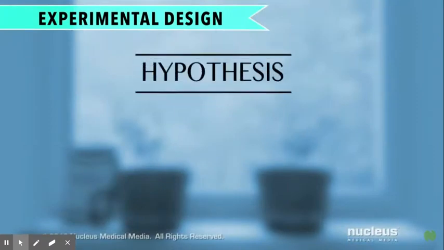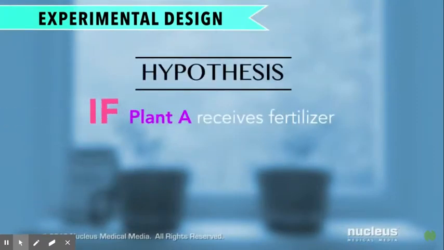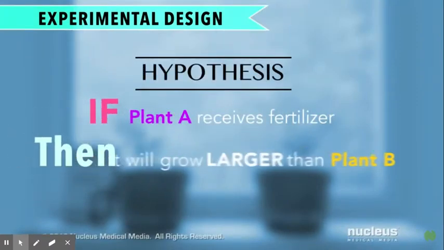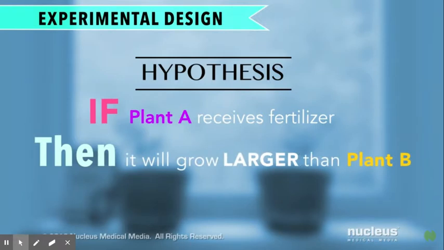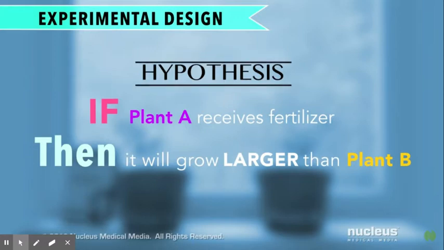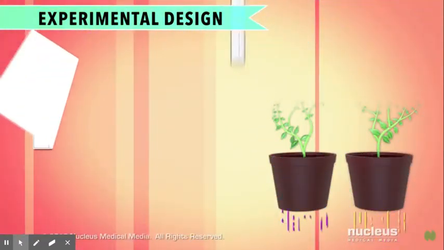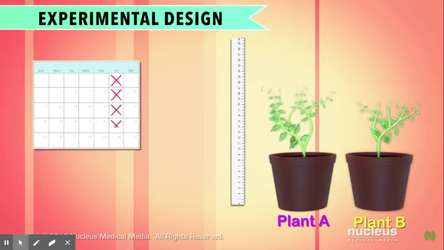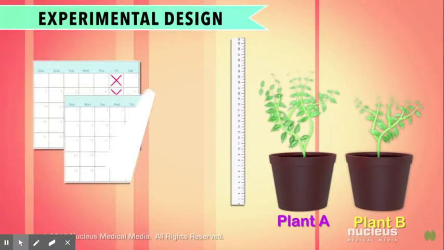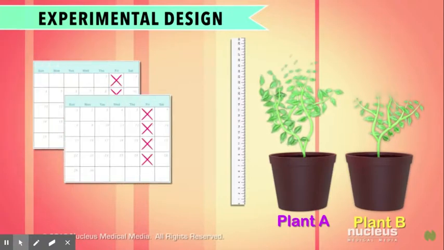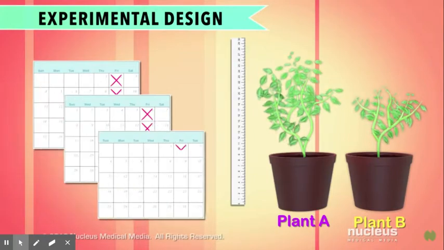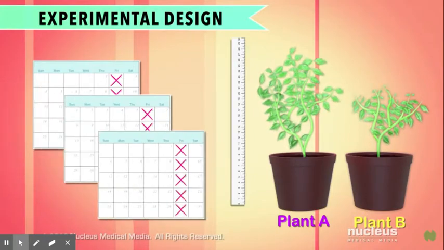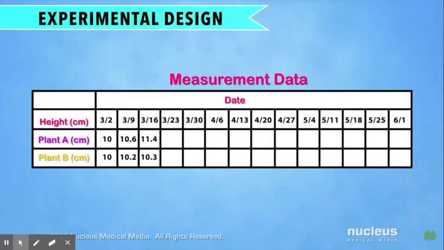Now remember, your hypothesis is that plant A, which is getting fertilizer, will grow bigger compared to plant B, which isn't getting any fertilizer. How would you know whether your hypothesis is correct? You'd know because you'd regularly measure the plants during the course of the experiment. For example, once a week for a period of 3 months. You would record these measurements throughout the experiment.